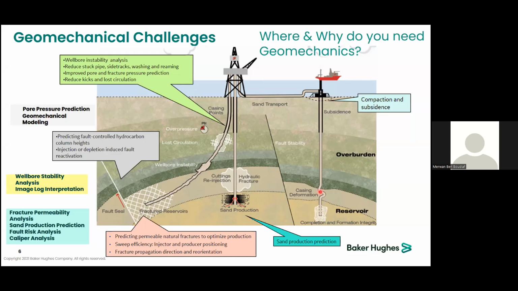Reservoir geomechanics, just as a general definition, is a branch of science that integrates and combines several other sciences like geology, rock mechanics, and petroleum engineering, in order to solve geomechanical problems that arise during the lifetime cycle of a well. You can see that geomechanics applications start from the very beginning of the development.